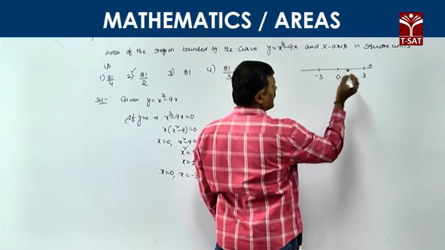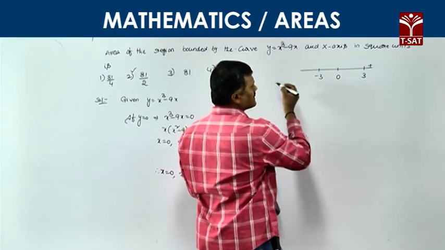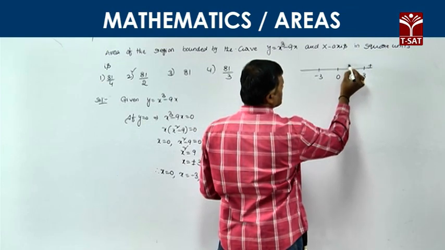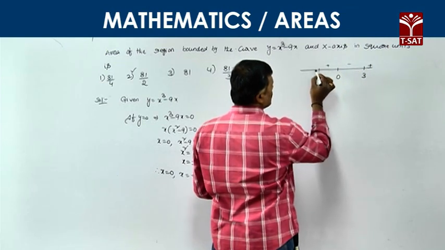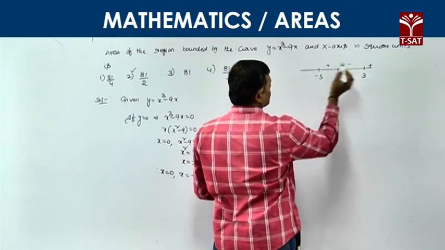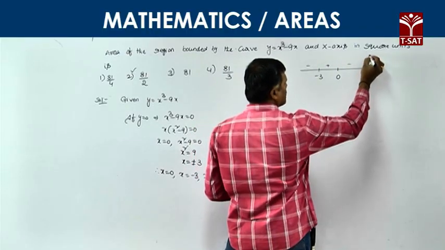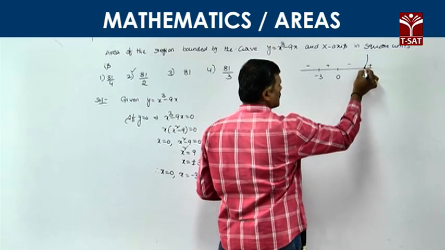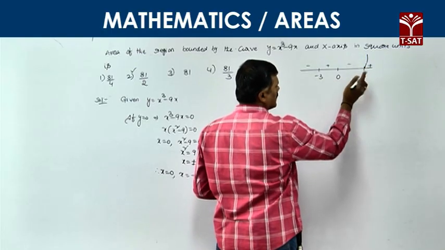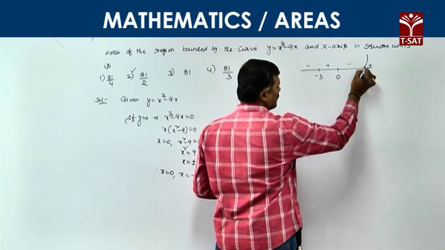Put a positive sign here and move towards left with alternating signs: positive, negative, positive, negative. In the positive region the curve is upward, and from 0 to 3 the region is negative, so the curve is downward.